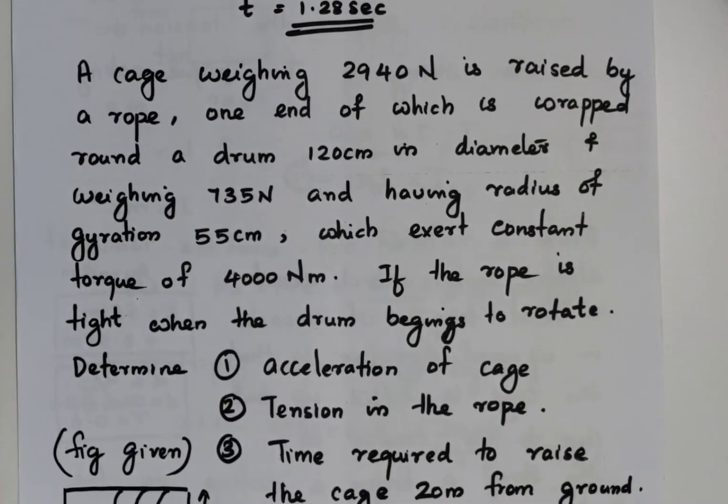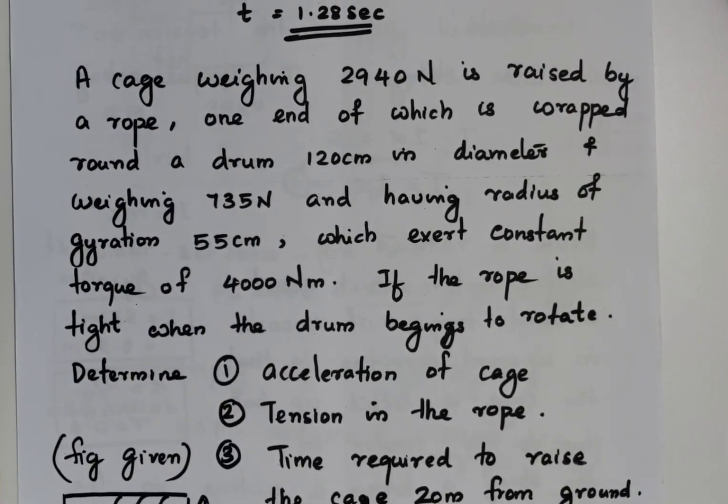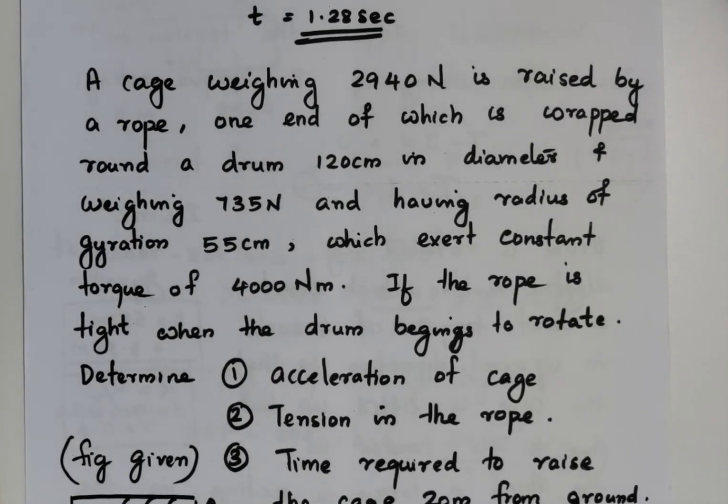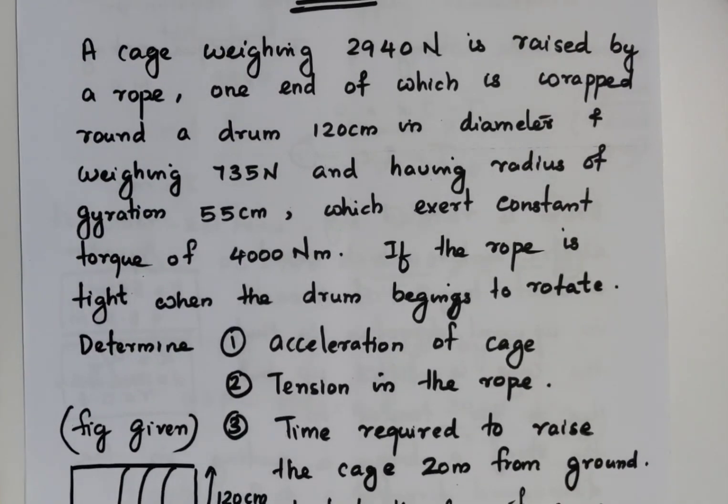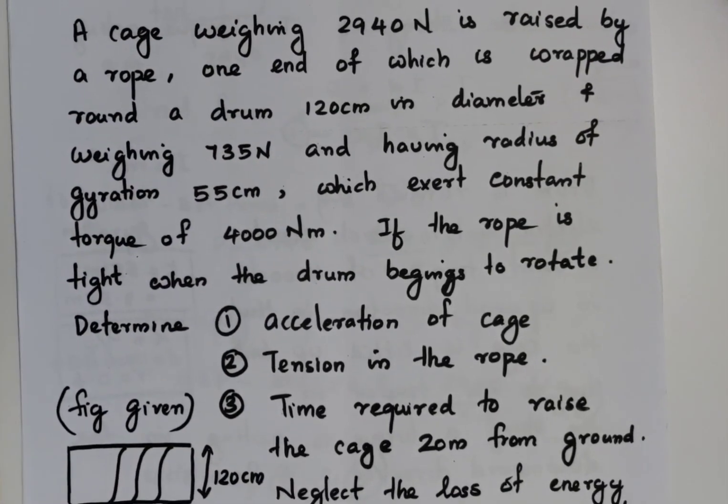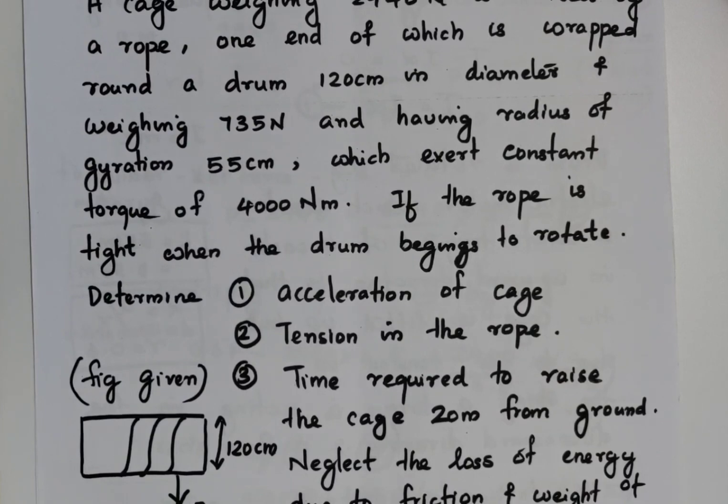So now the next question. A cage weighing 2940 Newton is raised by a rope, one end of which is wrapped around a drum, 120 centimeter in diameter and weighing 735 Newton and having radius of gyration 55 centimeter, which exerts a constant torque 4000 Newton meter.